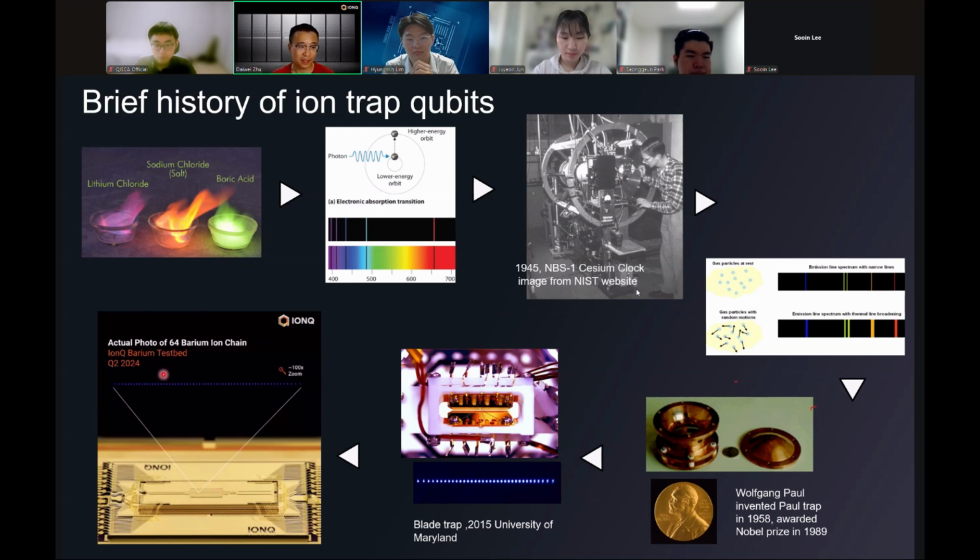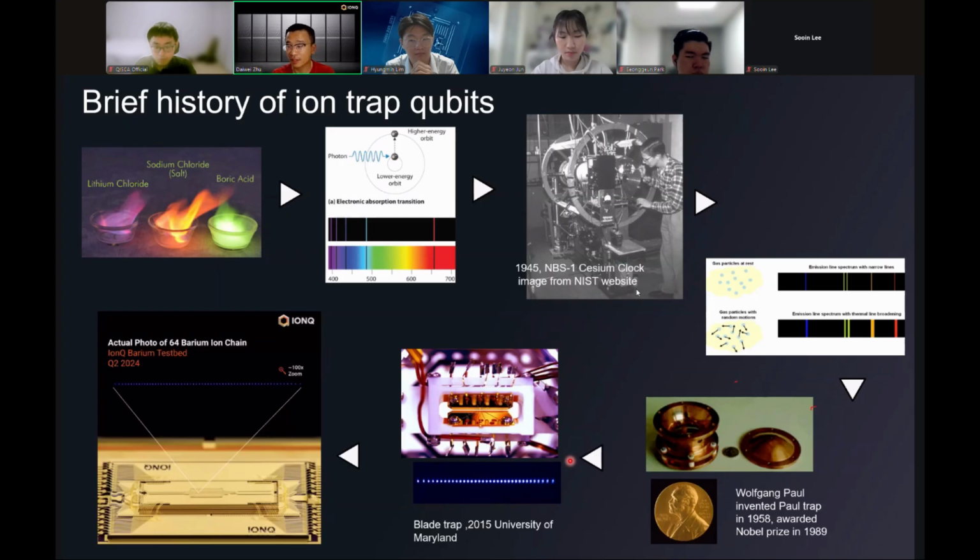So this is the current technology. This one is a trap IonQ used to test its barium ion technology and released back in 2024, right? Okay, so that's the history. So ion trap quantum computing is really based on this very, very long train of history.